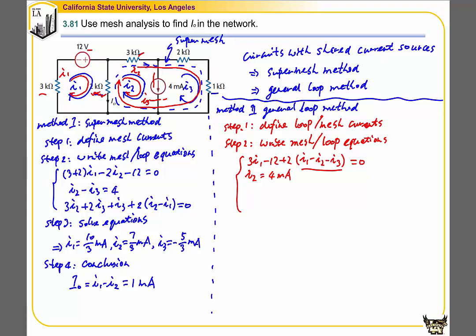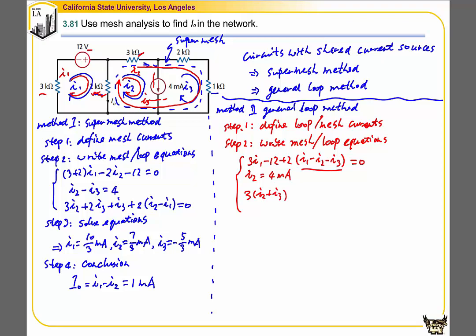The equation for loop 3 is a little bit more complex compared to the rest. So let's do it one by one. We start from this 3K resistor. So that is 3 times... it's important to know that the current going through this 3K resistor is composed of two parts, I2 and I3. Since I2 and I3 are in the same direction, we have I2 plus I3.